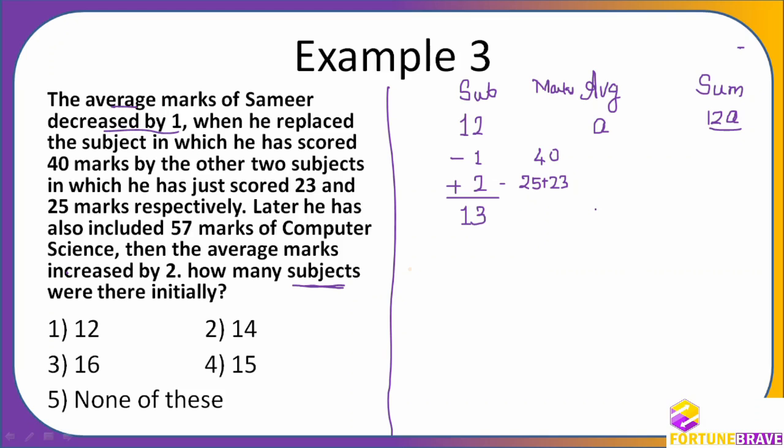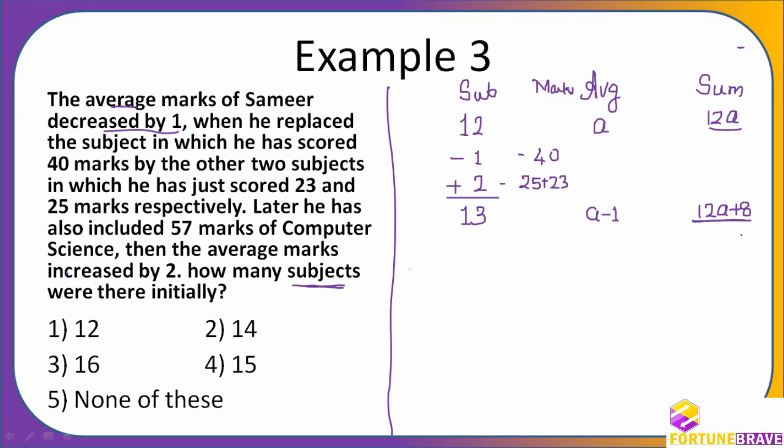So whatever was the original average, it will become less by 1, right? Why did it become less? Because one subject went out and two subjects came in. So now what is the sum? Minus 40 plus 25 plus 23 means minus 40 plus 48. So your sum will be 12a plus 8, yes or no?